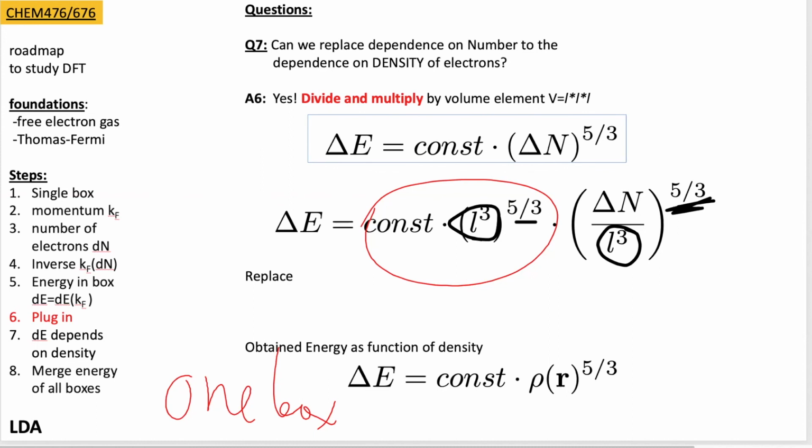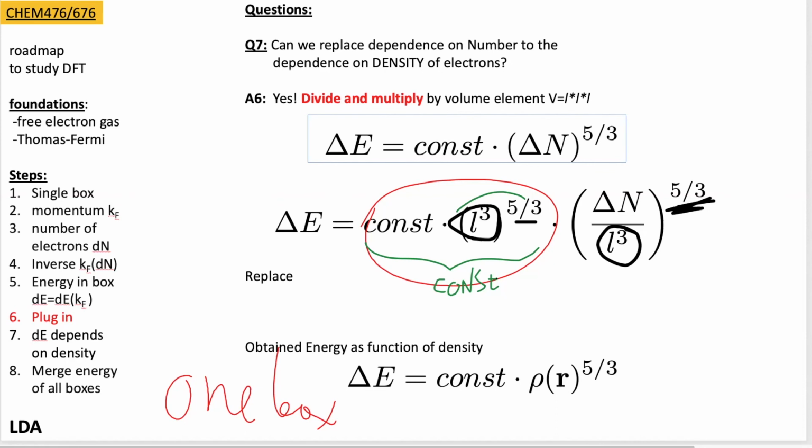But since we are arranging this theory to our comfort, we can just insert this volume to the power 5/3 into the constant. Just redefine the constant so that it will include the size of the box. It is not an integration variable.